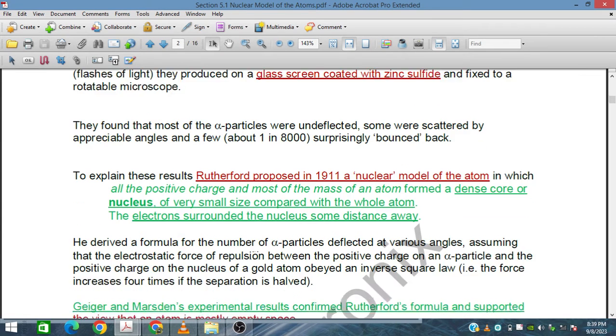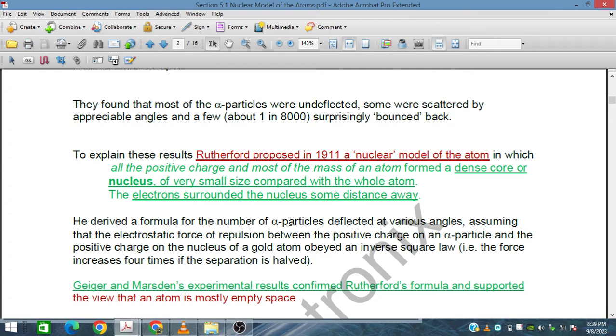He derived a formula from the number of alpha particles deflected at various angles, assuming that the electrostatic force of repulsion between the positive charge on an alpha particle and the positive charge on the nucleus of a gold atom obeyed an inverse square law.